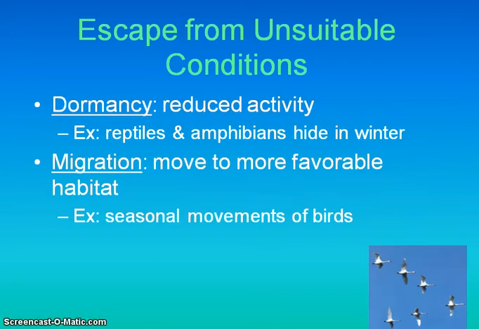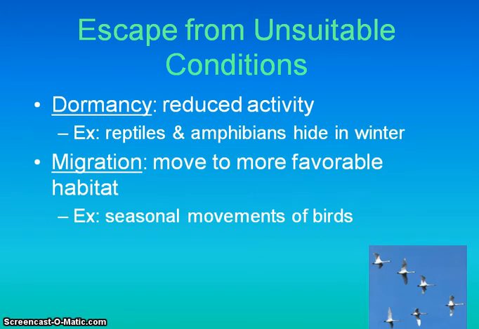Sometimes conditions are just too bad for an organism to survive under, and so there are some ways that they could escape from those unsuitable conditions. One of those ways would be through dormancy, which is reduced activity, such as reptiles or amphibians hiding or burrowing underground in the winter when it's cold. Probably one that you've heard of is hibernation, when organisms basically go to sleep for the winter.